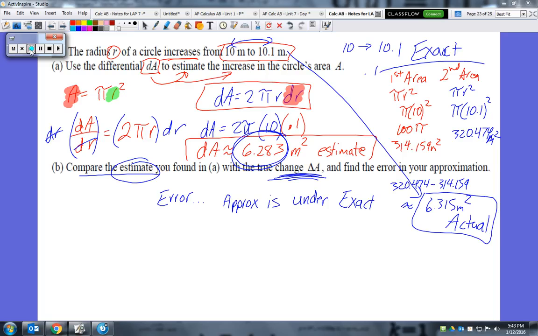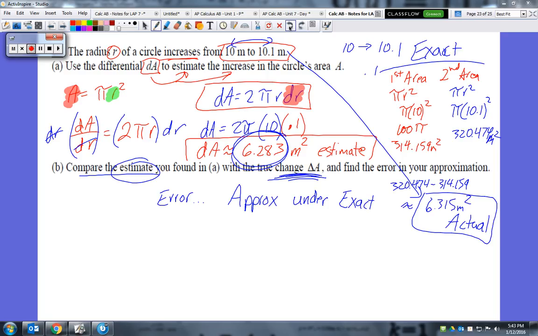Now I realize what I'm writing. It's an under approximation. So the approximate or estimate answer is an under approximation of the exact. I could just write it like approximate is under the exact.